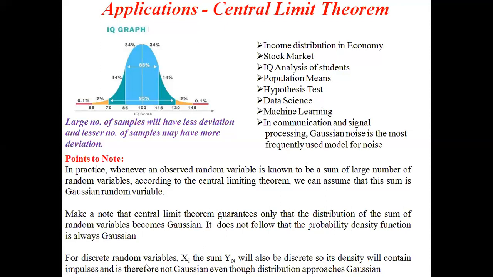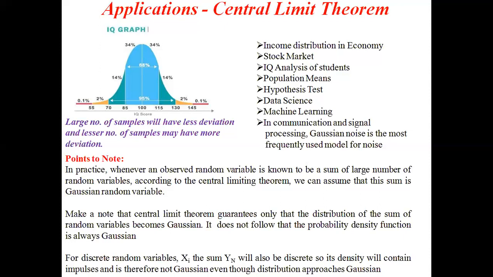Finally, for discrete random variables xi, the sum yn will also be discrete. So, its density function will contain impulses and is therefore not Gaussian. Please understand, in case of discrete random variables, the density function is not Gaussian, but the distribution function approaches Gaussian.